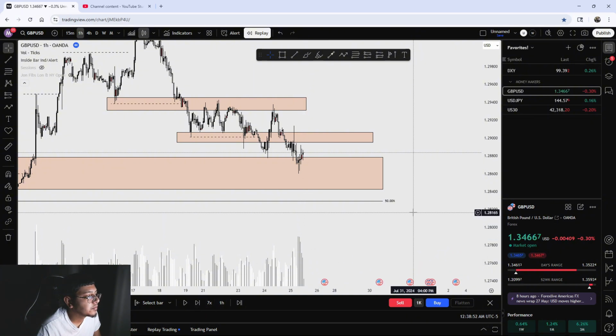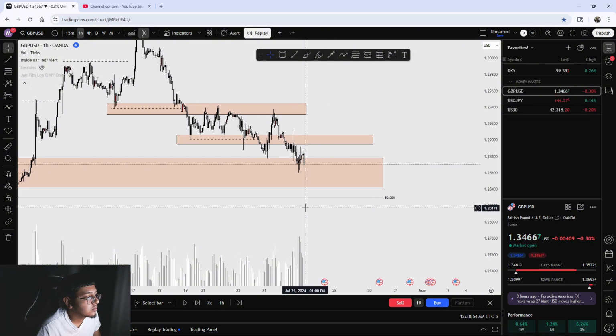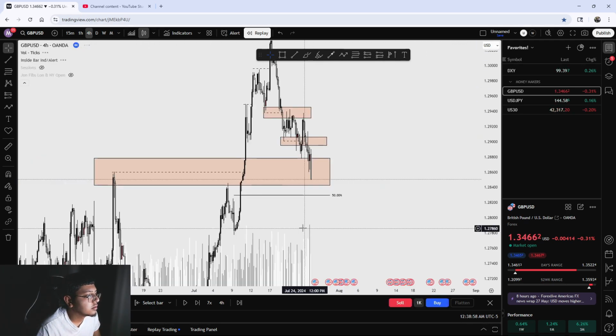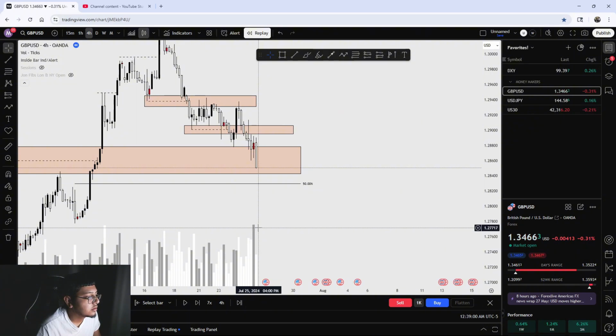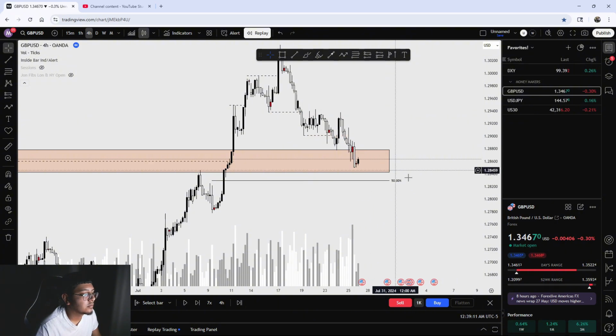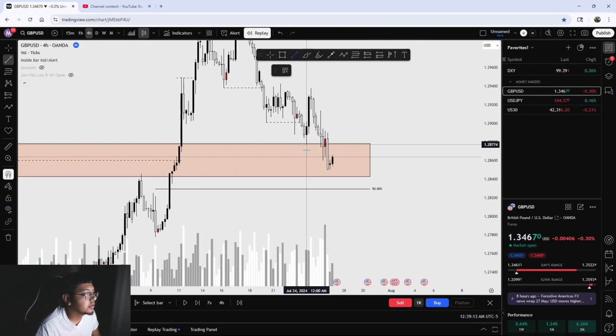It's 12. So price is still bearish. 4-hour. Wait for London session. It's currently 12 p.m. So we'll get a new break to the downside.